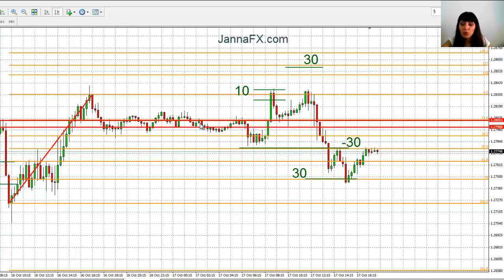But I decided to risk it, to try it, because I've been doing it all week from Tuesday. I missed Monday, so I thought from Tuesday till Friday I would go for these trades to show you the live market, to see how it works and what happens and what risks we take by trading it like that.